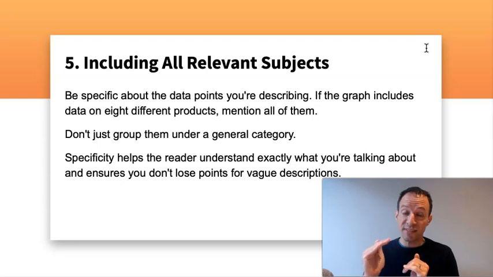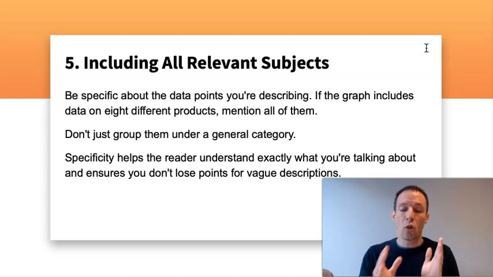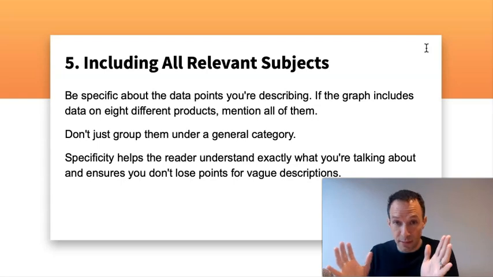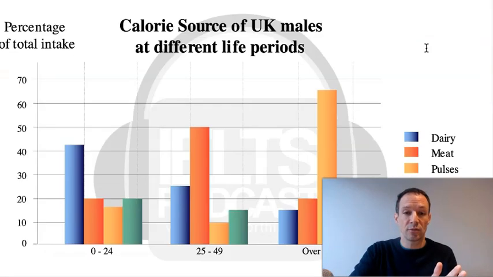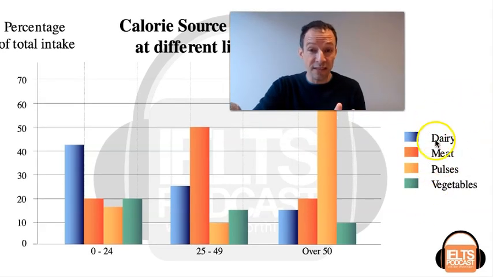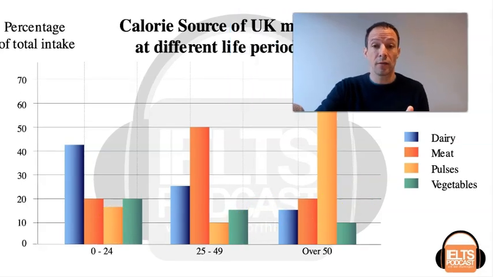If you're including every single data point, then you're not doing what the IELTS examiner has asked you to do. So although you've got to mention the countries in the chart, for example, let's go back to this one, here we will mention all of these food groups, but we're not going to mention every single data point on there. Okay?